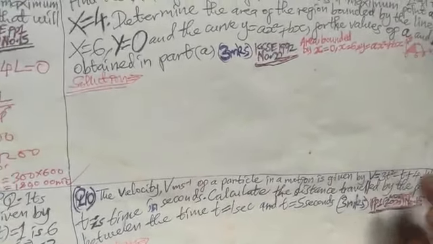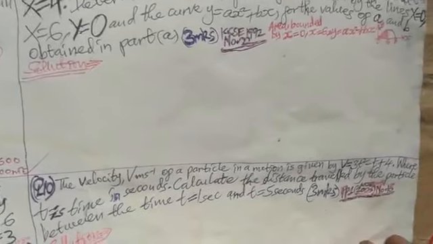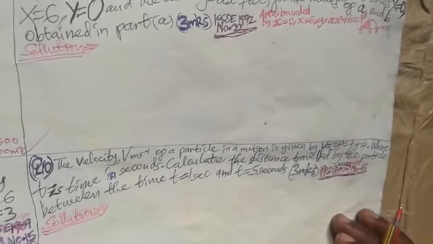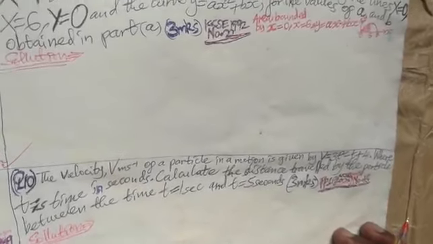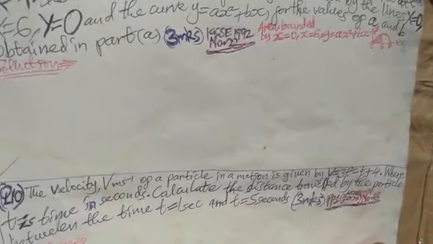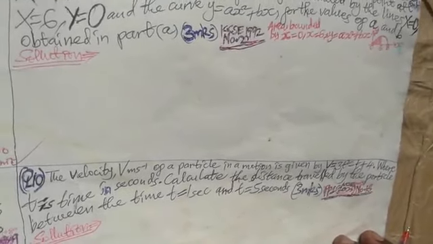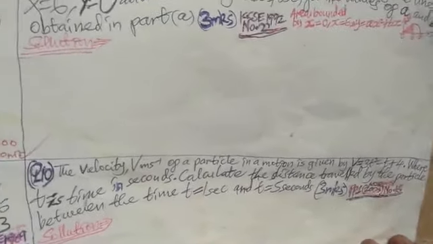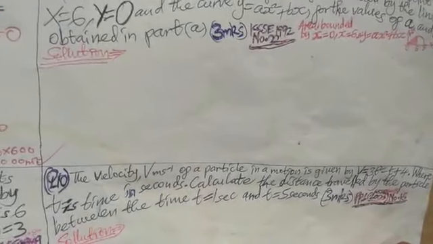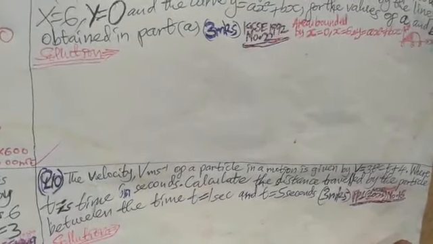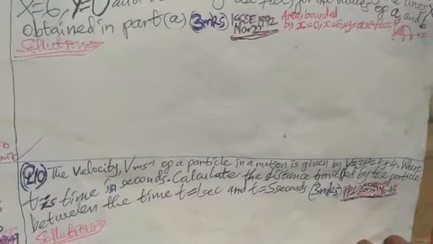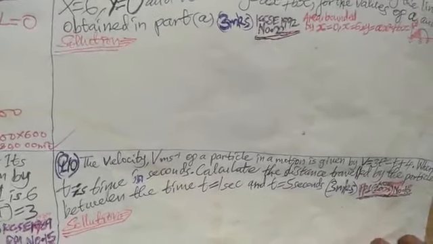Find the values of a and b if the curve has a maximum point at x is equal to 4. Determine the area of the region bounded by the lines x is equal to 0, x is equal to 6, and y is equal to 0, and the curve y is equal to ax squared plus bx for the values of a and b obtained in part A.